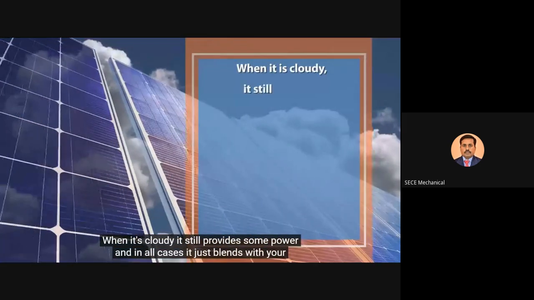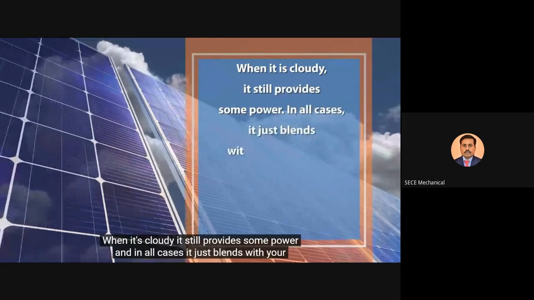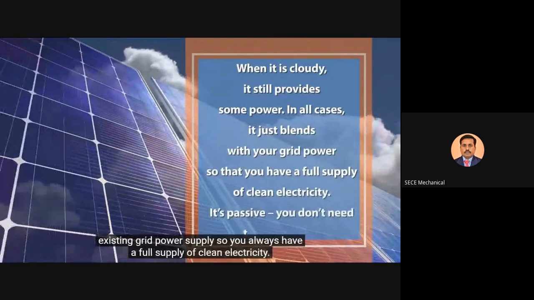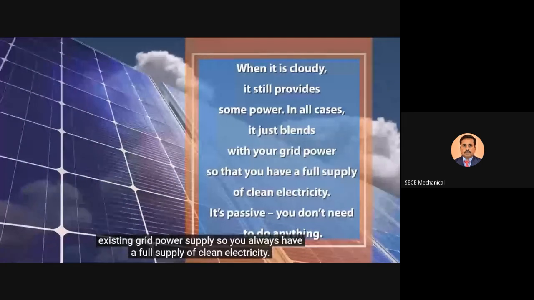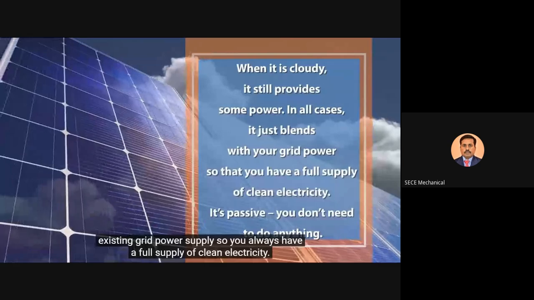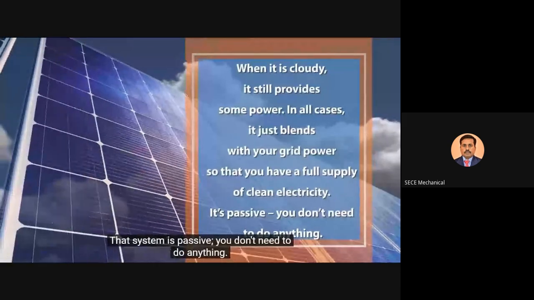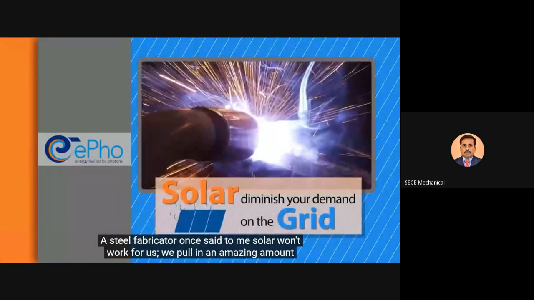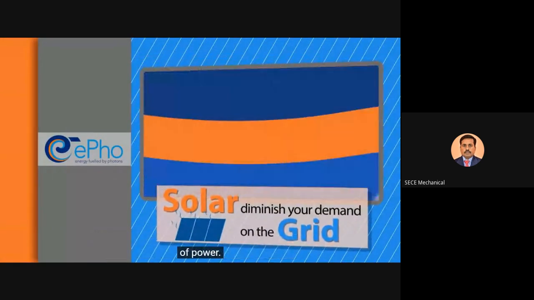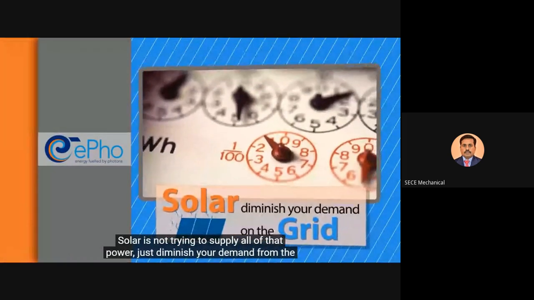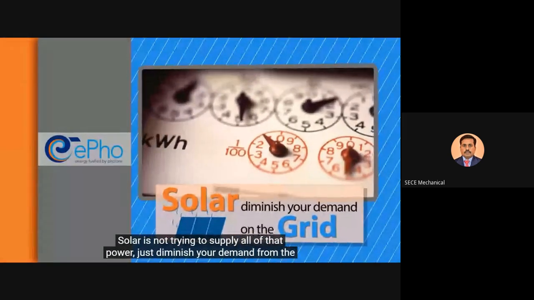When it's cloudy, it still provides some power, and in all cases, it just blends with your existing grid power supply, so you always have a full supply of clean electricity. That system is passive. You don't need to do anything. A steel fabricator once said to me, "Solar won't work for us, we pull an amazing amount of power." Solar is not trying to supply all of that power, just diminish your demand from the grid.